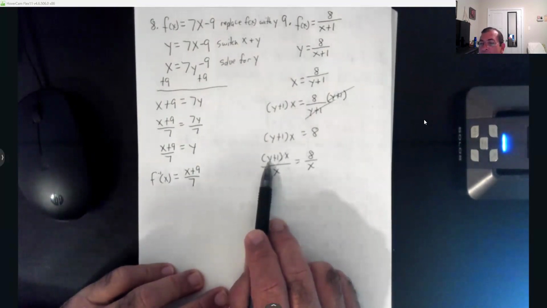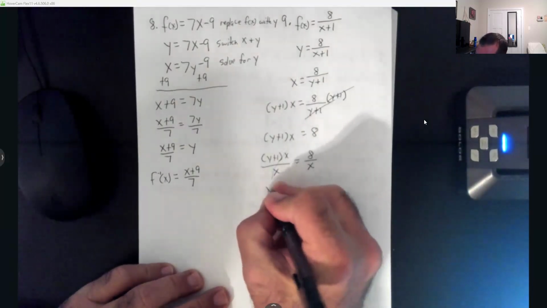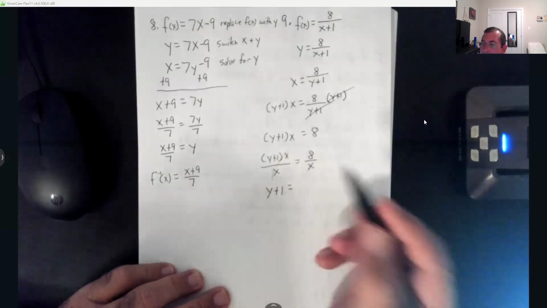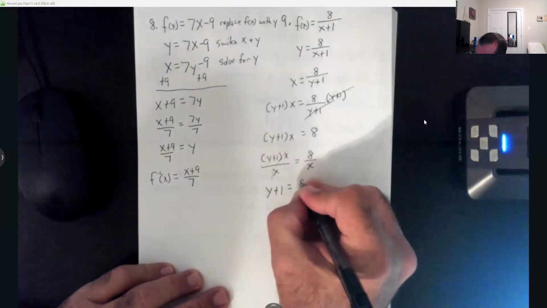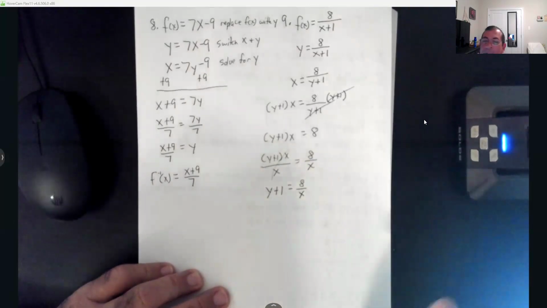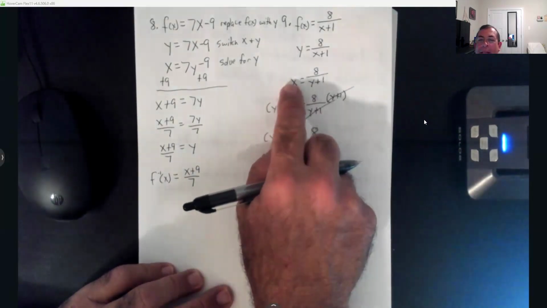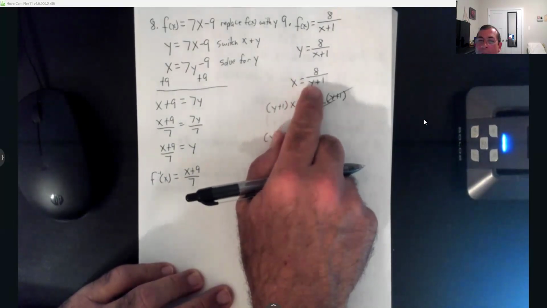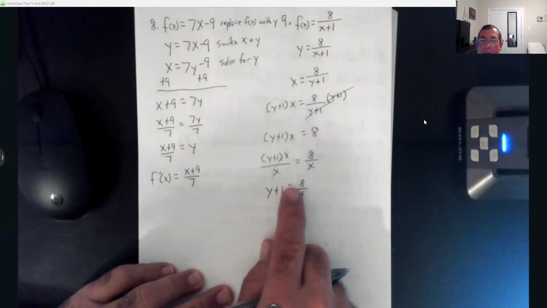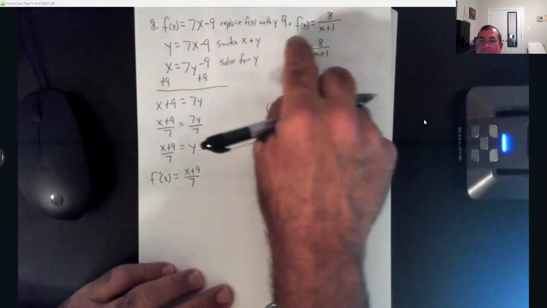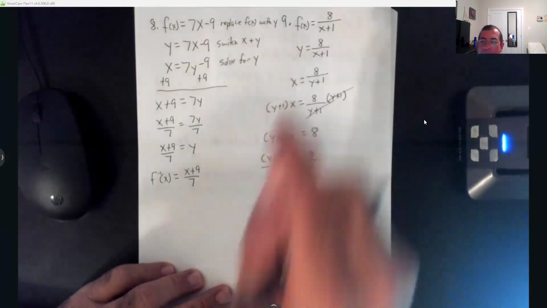So do y'all need parentheses still? No, that's just going to be a y plus 1. And over here, all that's left is the 8 over x. So do y'all see what happened in the long run? You see what I got here? x equals 8 over y plus 1. Down here, I got y plus 1 equals 8 over x. Basically, all we did was flip-flop that whole thing.